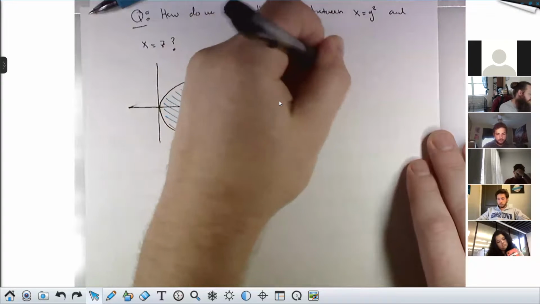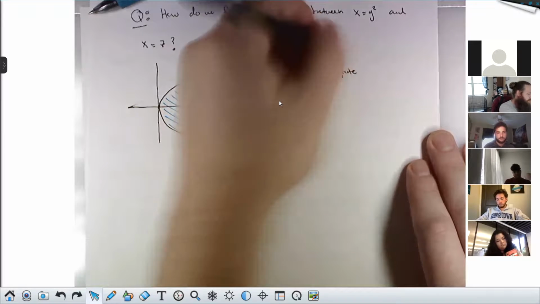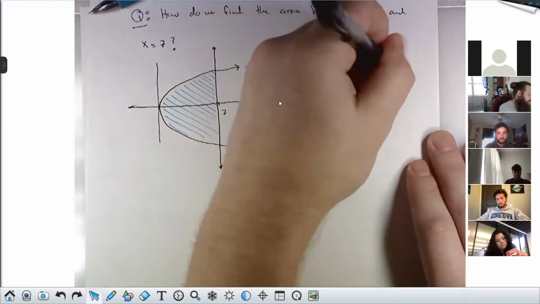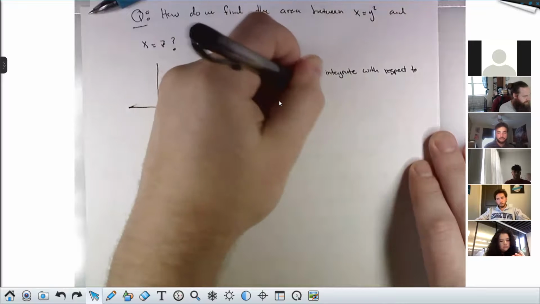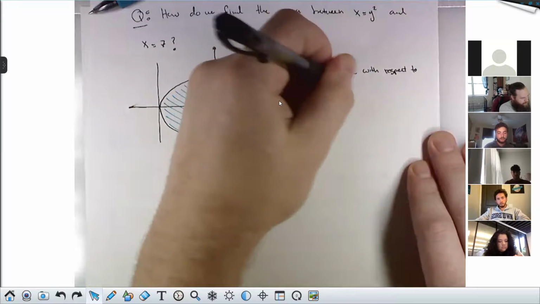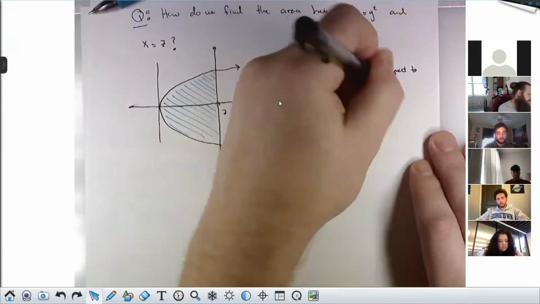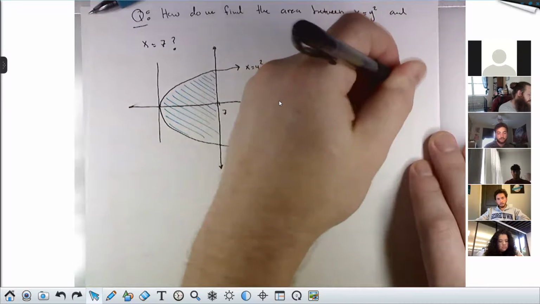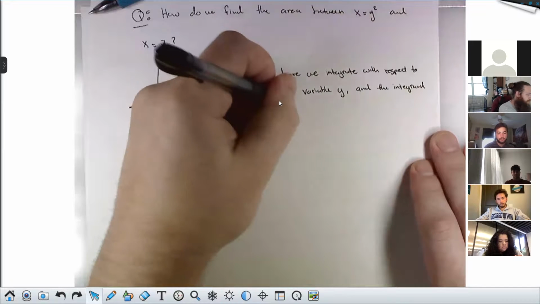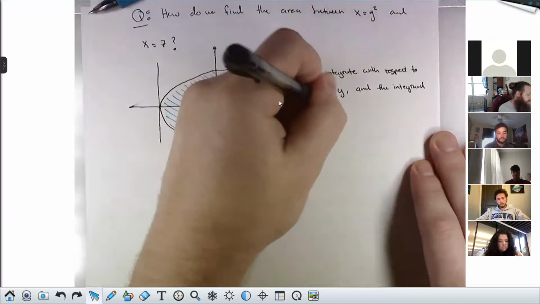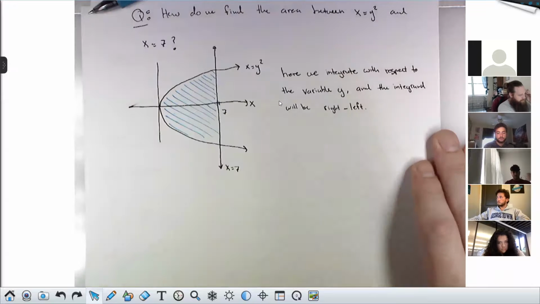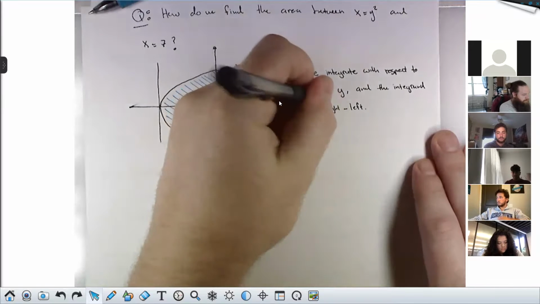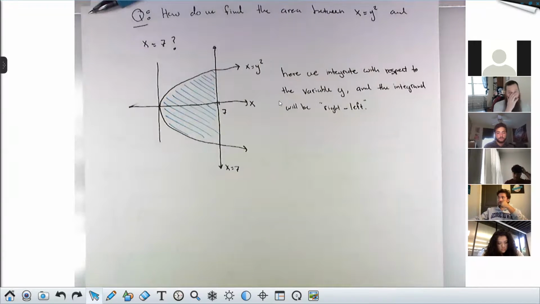So since x is getting larger as we go to the right, our outputs are getting larger as we go to the right. So here, we integrate with respect to y. And the integrand will be the right function minus the left function, because the rightmost function is the one with the larger output.